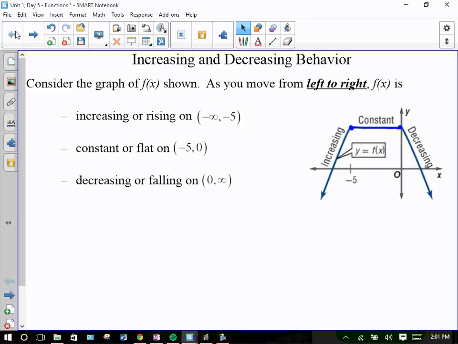In the first example, it's increasing from negative infinity to negative 5, which is our x value. It's constant from negative 5 to 0, and decreasing from 0 to infinity. We're always looking at x values. When we describe the behavior, increasing and so on, we're always talking about what is the x value where it's increasing, what is the x value where it's decreasing.